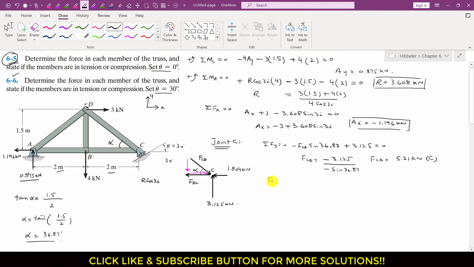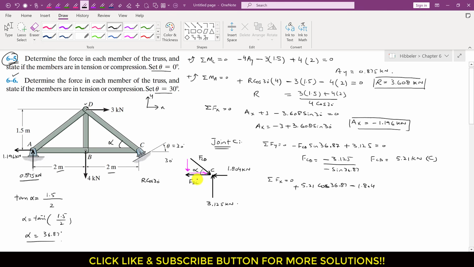Similarly, if we apply the summation of forces along x equals 0 at joint C, the cos component of FCD is acting in the positive x direction. So I will write FCD, whose magnitude is now known, 5.21 cos of 36.87. This component is acting in the positive direction, and this is acting in the negative x direction, so I will write minus 1.804.